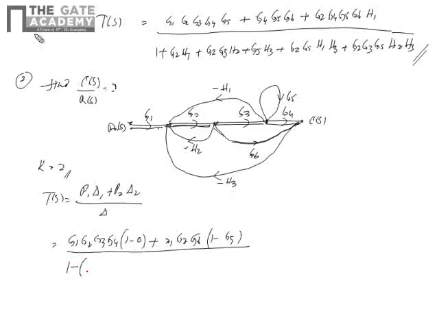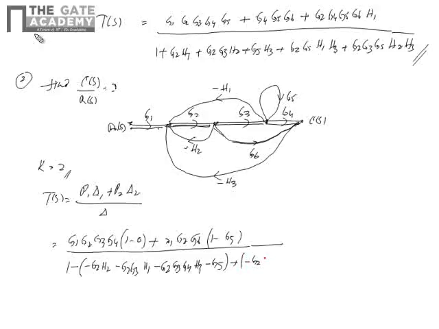Divided by delta, which is 1 minus individual loops: minus G2 H2, minus G2 G3 H1, then minus G2 G3 G4 H3, minus G5. These are the individual loops.